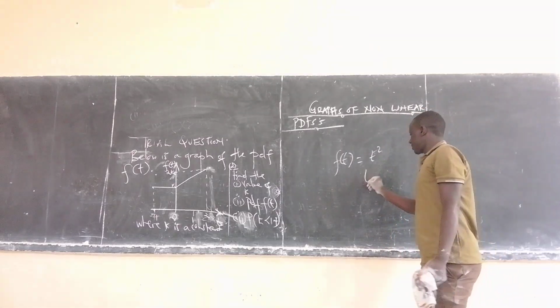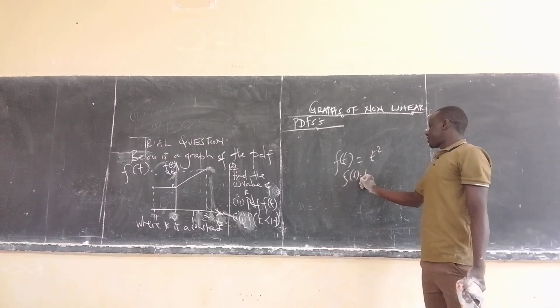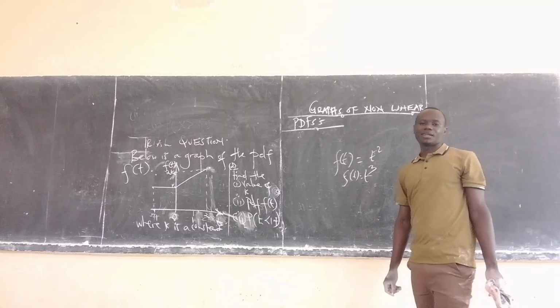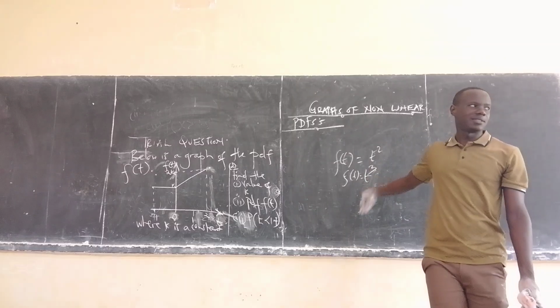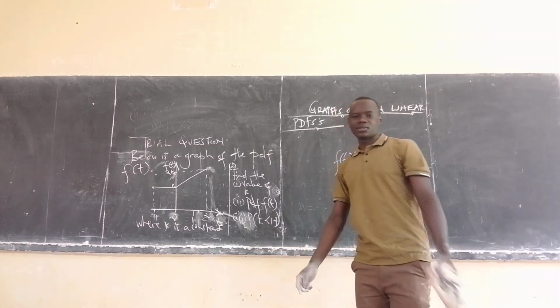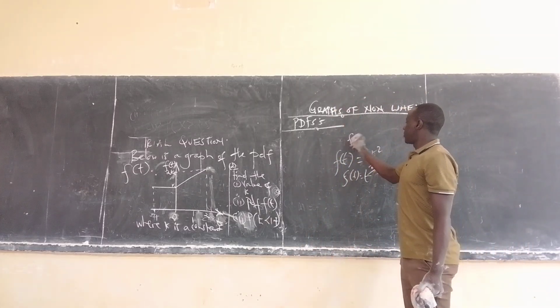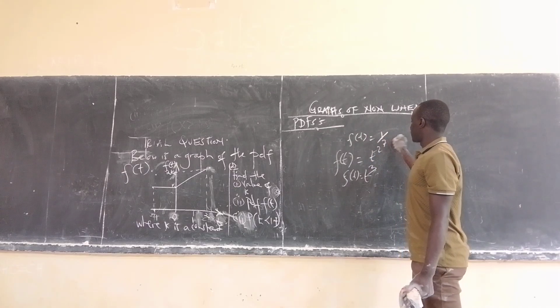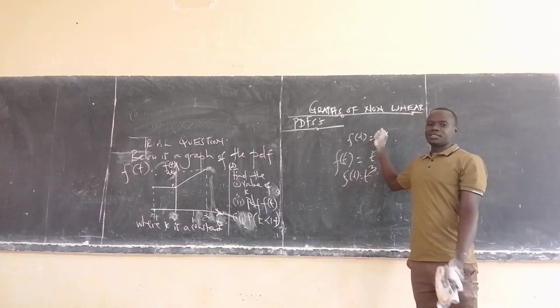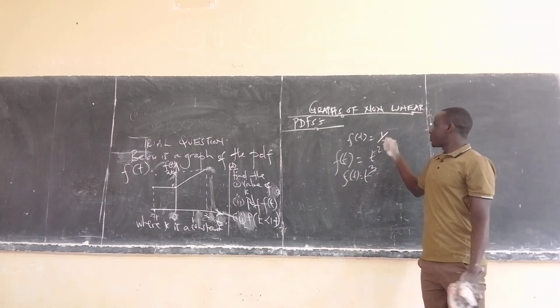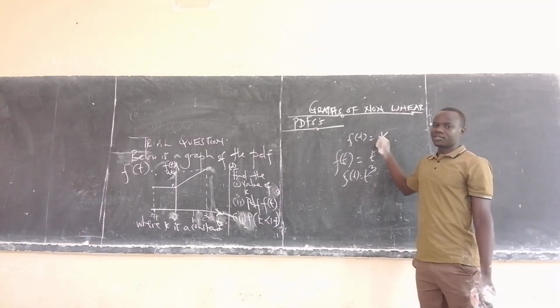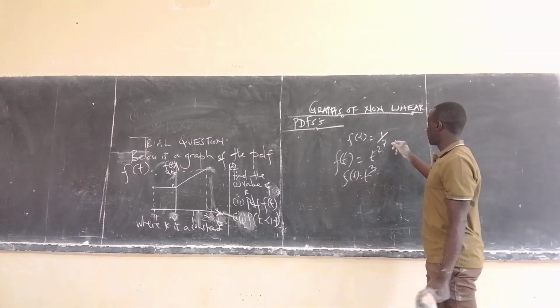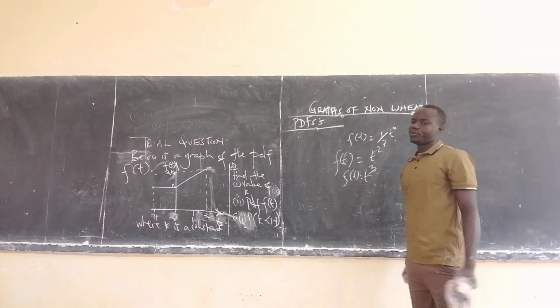If f of t is t to the power 3, it's nonlinear because the power of t is not a 0 and it is not a 1. But if f of t is maybe 1 over 7, this is linear, because having 1 over 7 as a constant is as good as having 1 over 7 t to the power 0.